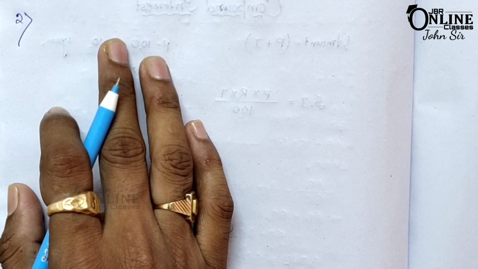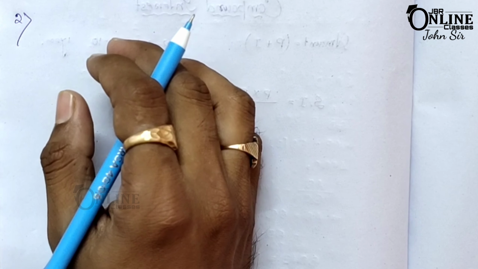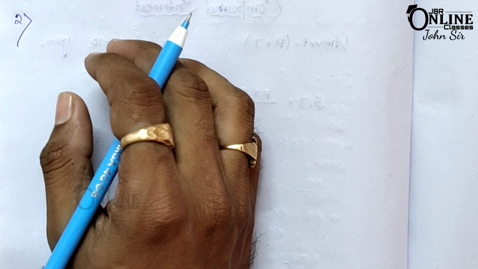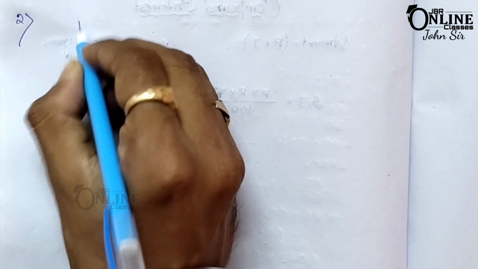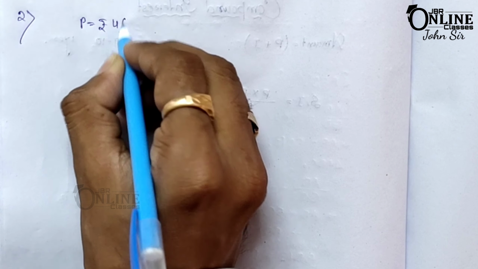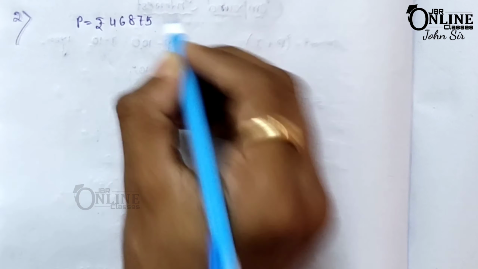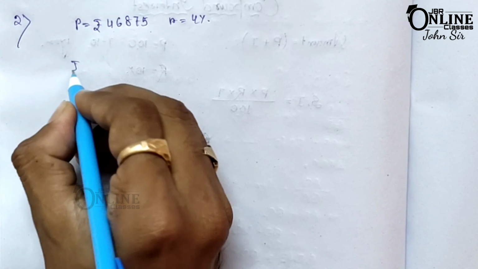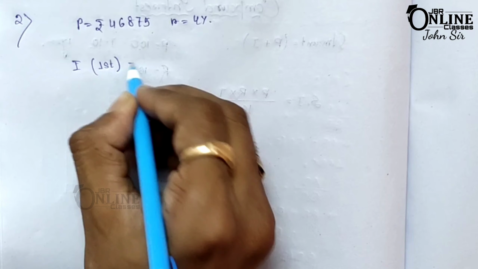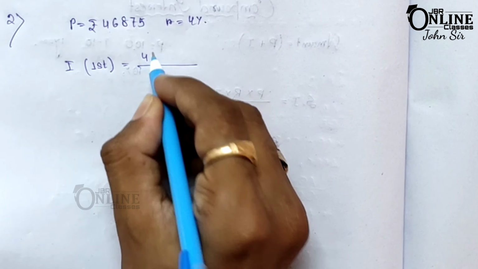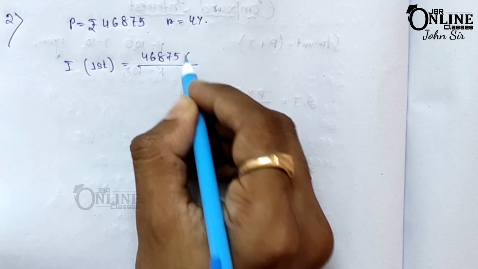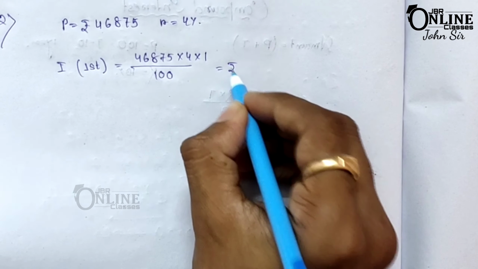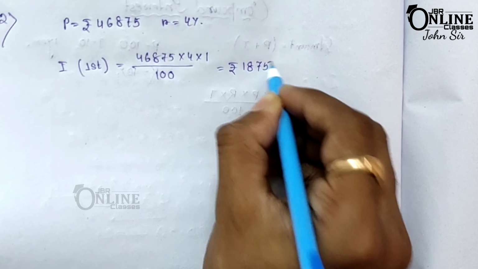Now sum number 2. A man invests rupees 46875 at 4% per annum compound interest for 3 years. So here the principal is 46875 and the rate is 4%. Then the interest for the first year equals 46875 into 4 into 1 divided by 100, and that equals rupees 1875.